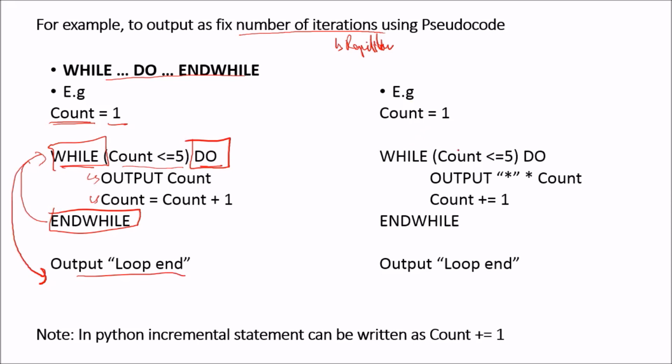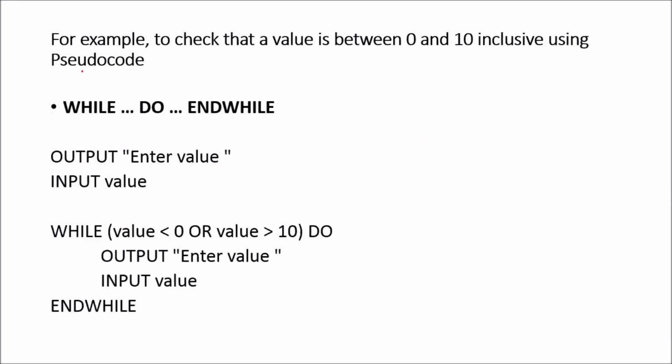Right? So there is another example. You can see this example too, and you can also implement it in Python and see the result. Now, for example, to check that the value is between 0 and 10, our validation check. So this is a range check.